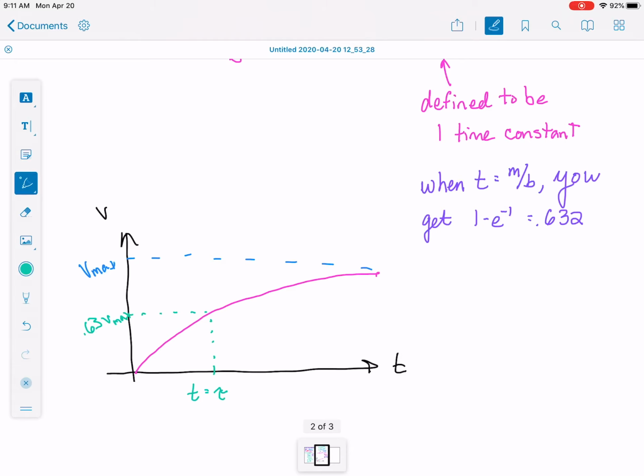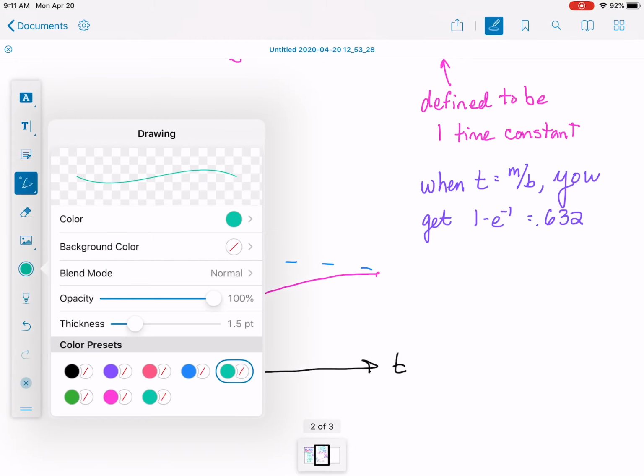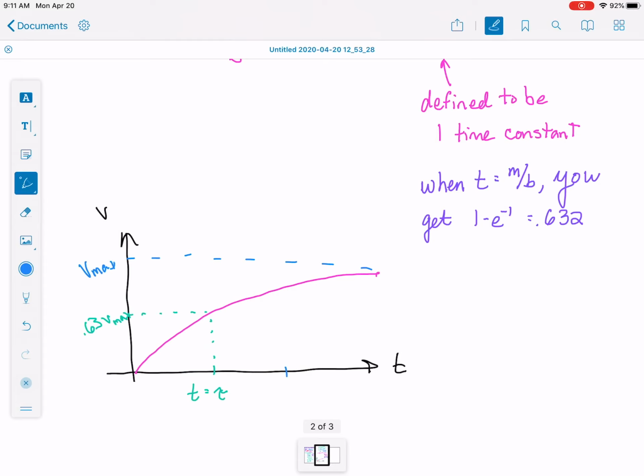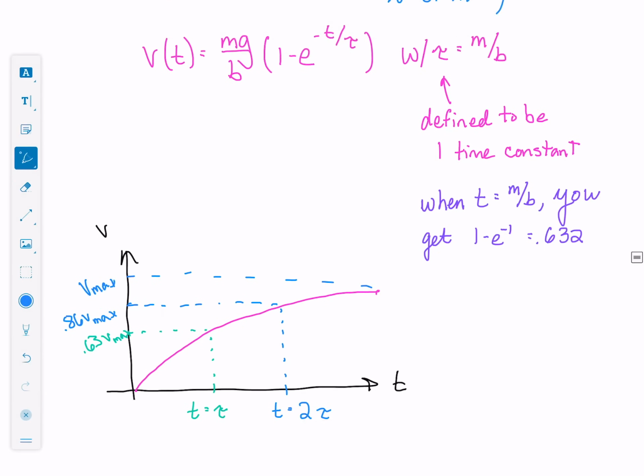If my time is 2 tau, I'm at approximately 86% of my Vmax. This would be 0.86 Vmax. So I increase until I eventually get to my max velocity, which is mg over b. That's when my net force is 0, my acceleration is 0, I don't go any faster.